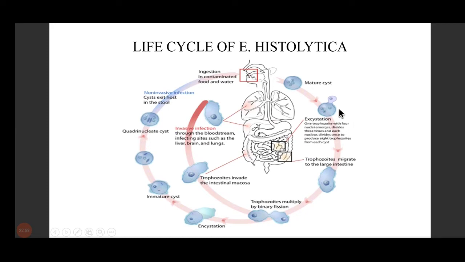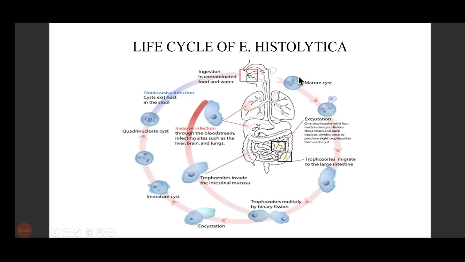Then trophozoites are released containing one nucleus. So one mature cyst gives rise to four trophozoites, which in turn divide by binary fission, giving rise to 8 trophozoites, which invade the intestinal mucosa. Invasive infection occurs when it enters the bloodstream and reaches the liver, brain, or lungs.